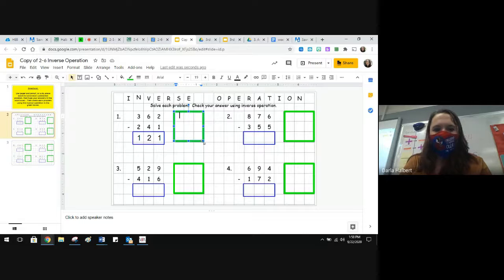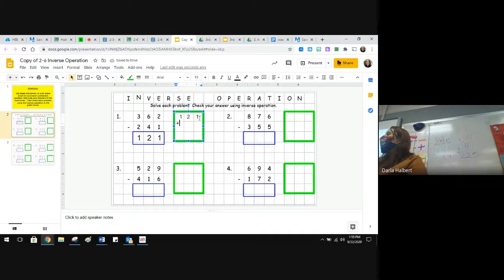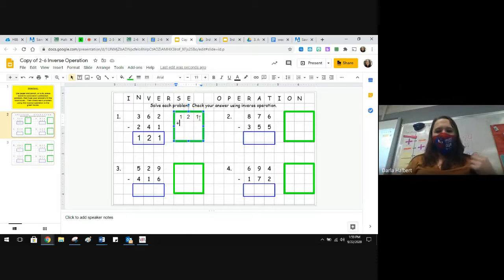You can type it like this, or if you want to stretch it out, put one in each box, like that. It's whatever you want to do online. Okay. In class, you're putting 1 in each box. So go ahead and, if you haven't already, number 1, write 121 plus 241.